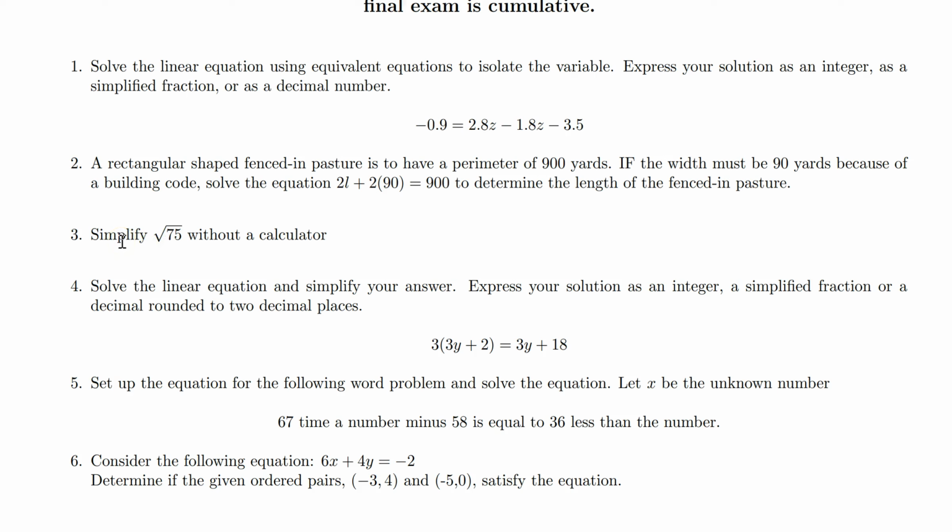Now for number 3, and I'll set this one up for you. If we have the square root of 75, what we want to do is simplify it by teasing apart the radicand into the largest perfect square factor.